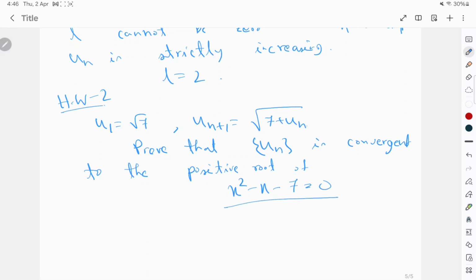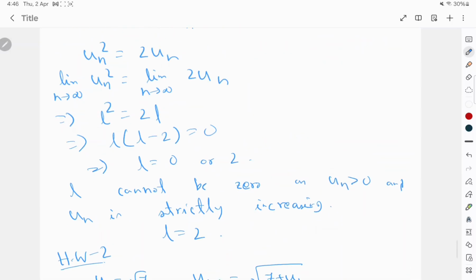Basically this equation has two roots, there is one positive root, and this un is converging to the positive root. So this is your homework 2.